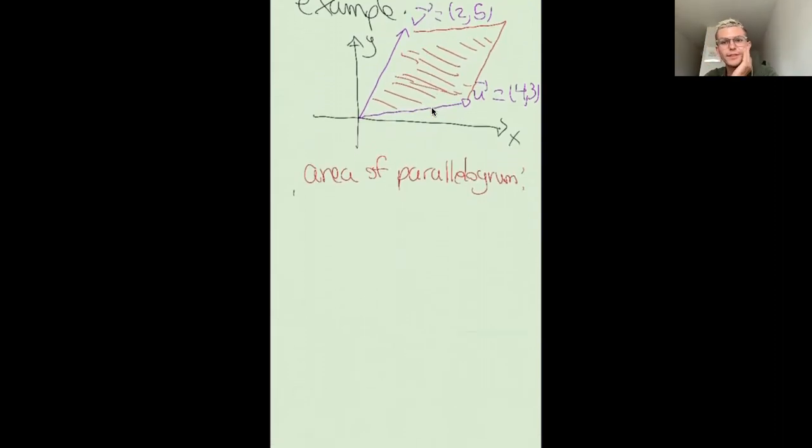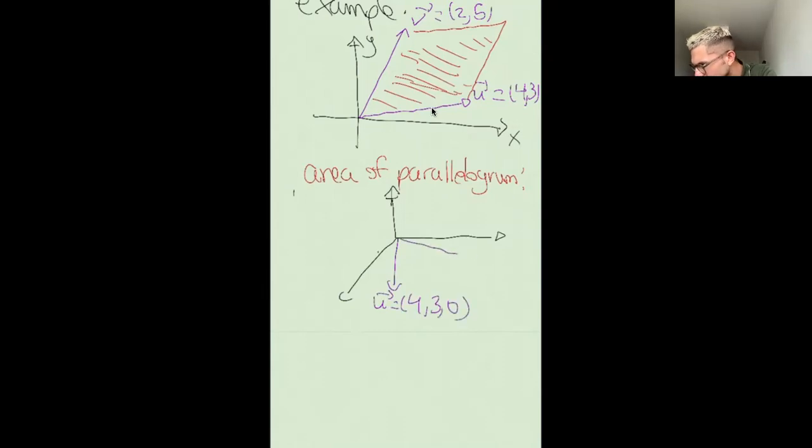Right, and so the first thing that you can do is cheat a little bit. Because as I said before, strictly speaking, the cross product is only really defined for vectors with 3 entries, but we can do this thing that we had discussed previously: this vector u is really the same as 4, 3, 0, right?